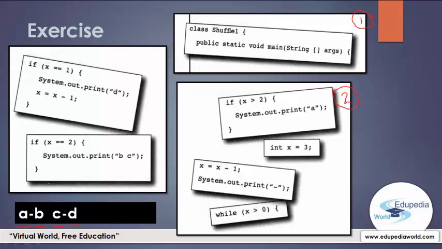And there should be a dash. And from this code snippet, we can get the dash. And then we need the letter B. So letter B is in this code snippet. That means it is the fourth code snippet.